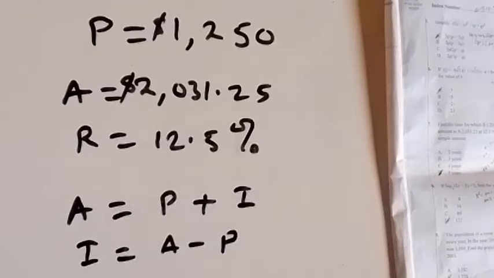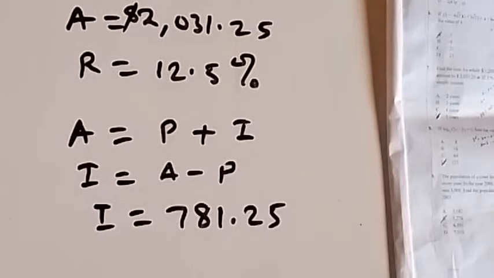When we subtract, we have 2,031.25 minus 1,250. So this interest gives us $781, then 25 cents here. So we have the interest now.